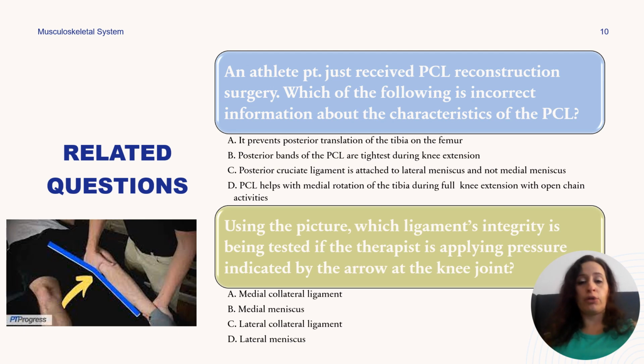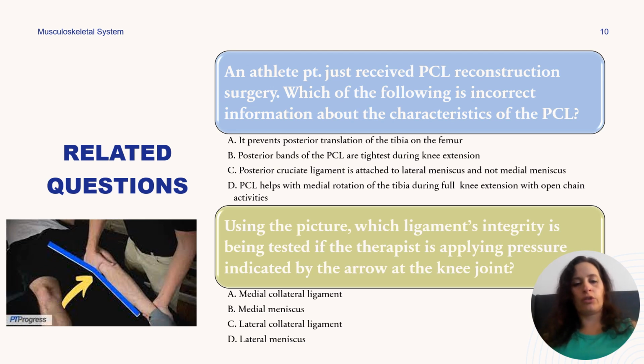Do remember that your board will have pictures, will have videos, and of course written questions like this. So using the picture, which ligament's integrity is being tested if the therapist is applying pressure indicated by the arrow?